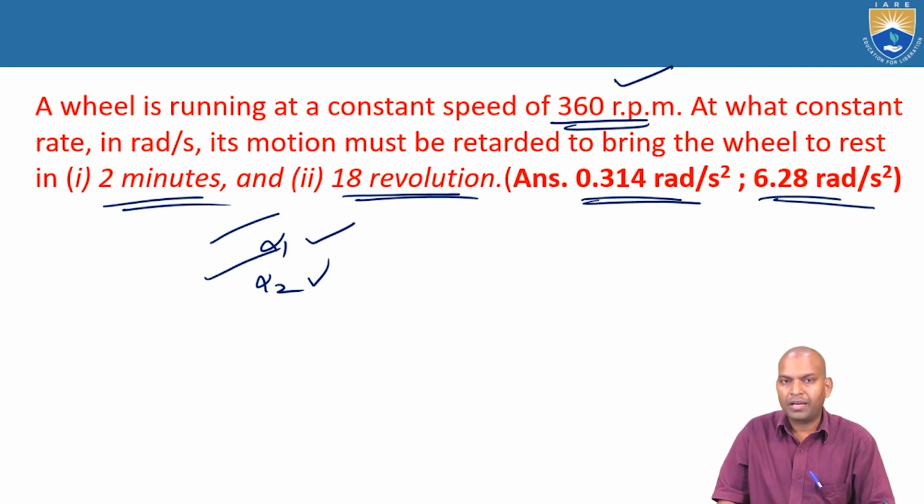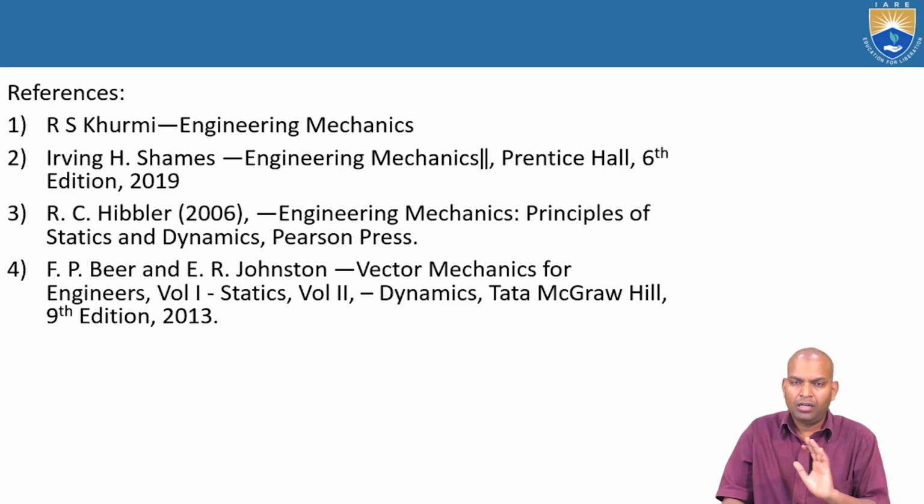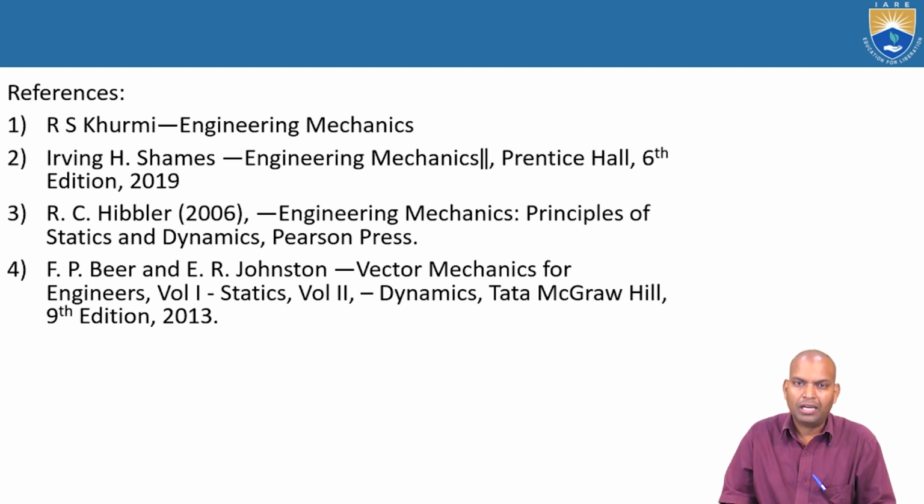Okay, in summary, we covered in this session what is angular motion, what the terms are: angular velocity, angular acceleration and angular displacement, and the equations of motion when the body is under rotation, that is omega equal to omega naught plus alpha times t, theta equal to omega naught t plus half alpha t square, and omega square equal to omega naught square plus 2 times alpha theta.